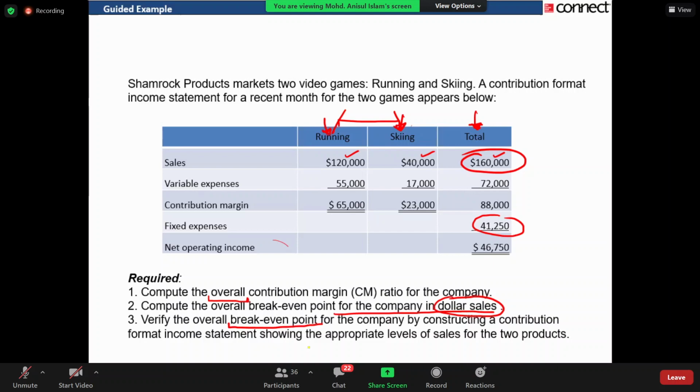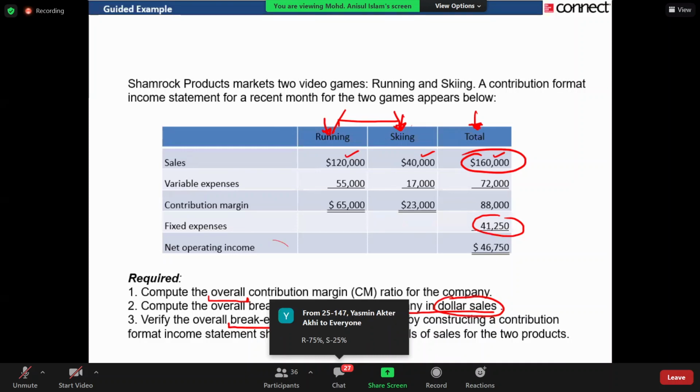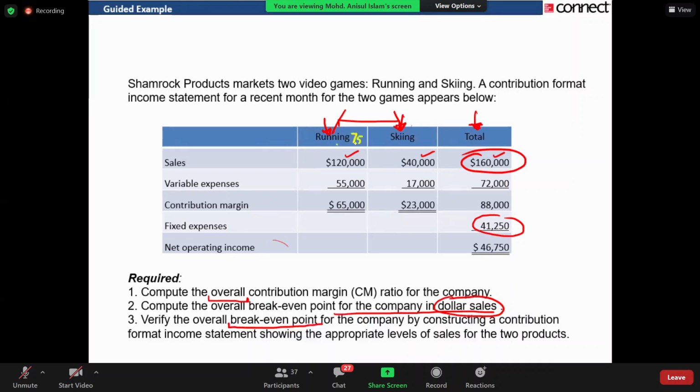Running video game is contributing how much of total sales, and skiing video game is contributing how much of total sales? 75% and 25%, beautiful numbers, I must say. There is no fraction, there is no decimal. Let me write it here: 75% running video game, skiing is contributing 25%.